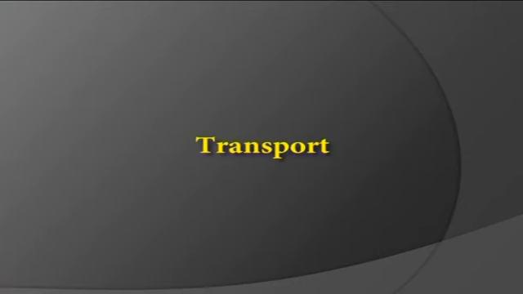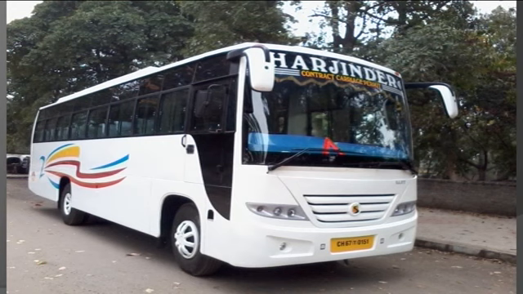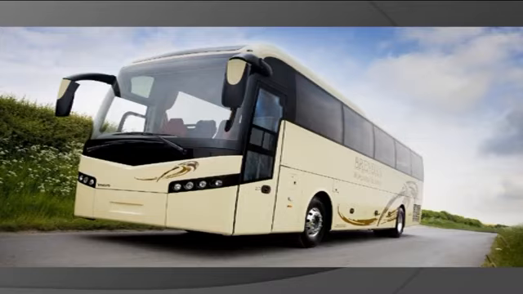Transport. Transport is another major part of the tourism product as a whole, and also major part of the expenditure of tourist is spent on it. It not only brings the tourist from their place of residence but also enables them to move around a destination.